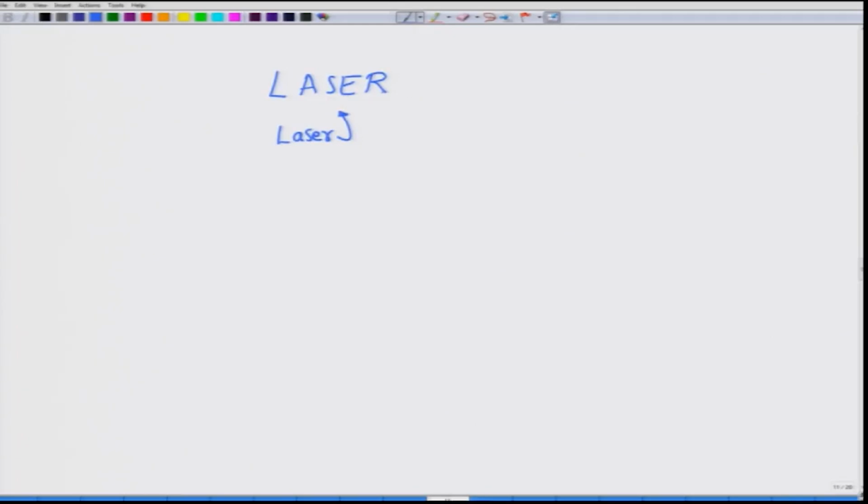The history of the laser is very interesting. I will not be able to deal with the history of the laser in this course, but what is important for our purposes is that in the years 1969 to 1970 we were able to obtain lasers which could operate at room temperature, requiring current at a very moderate level.